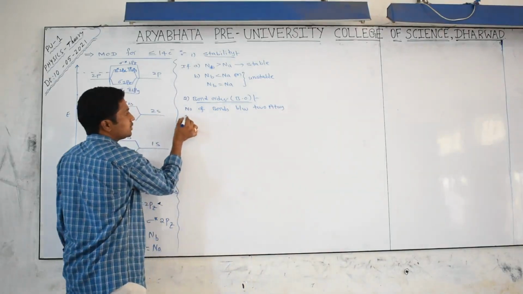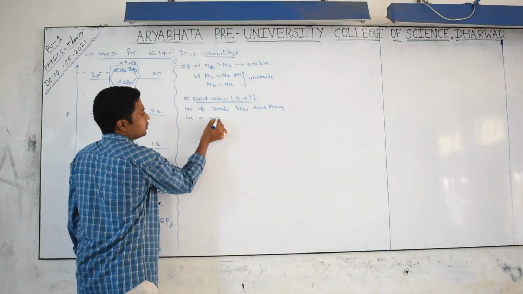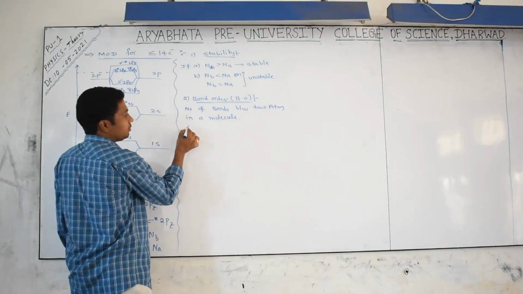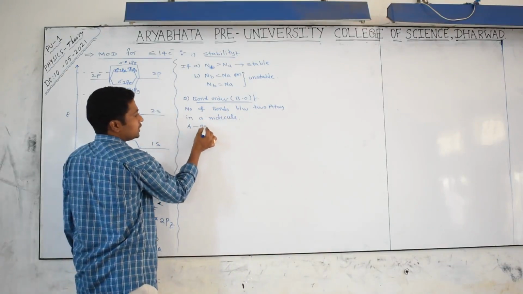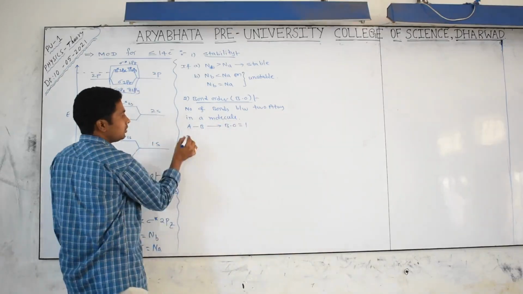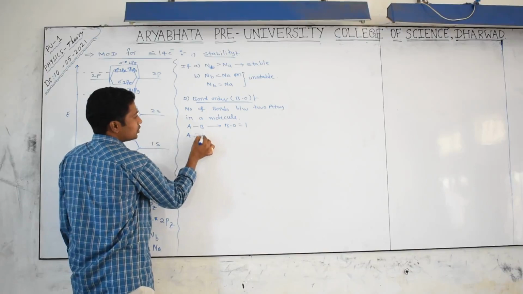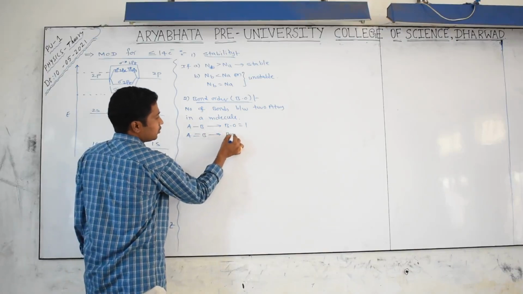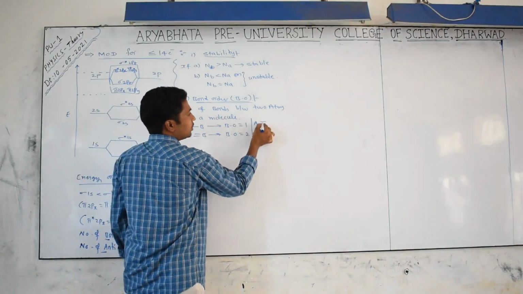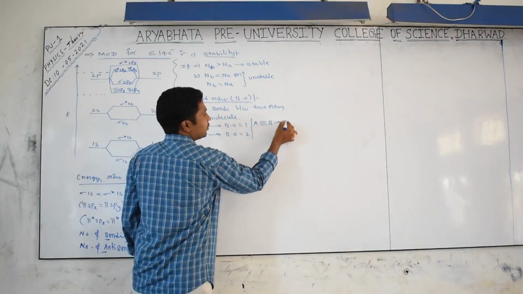For example, if one bond is there between two atoms, then bond order is equal to 1. If two bonds are there between two atoms, its bond order is equal to 2. Similarly, if three bonds are there, bond order is 3.